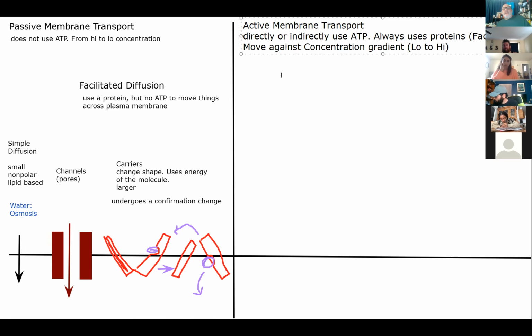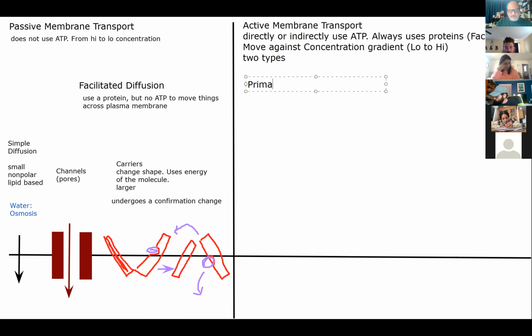But notice twice now I have said either directly or indirectly uses ATP, because as it turns out, there are two types of active membrane transport. There is primary active transport, and there is secondary active transport.